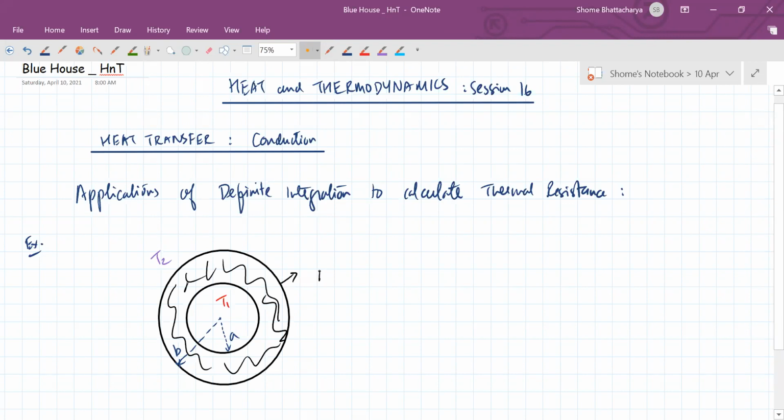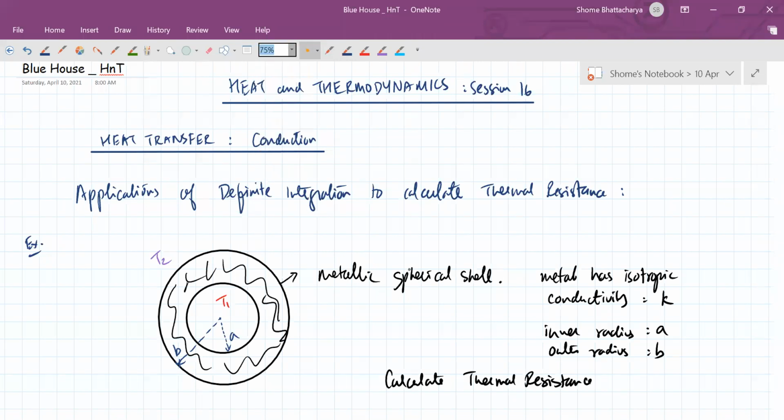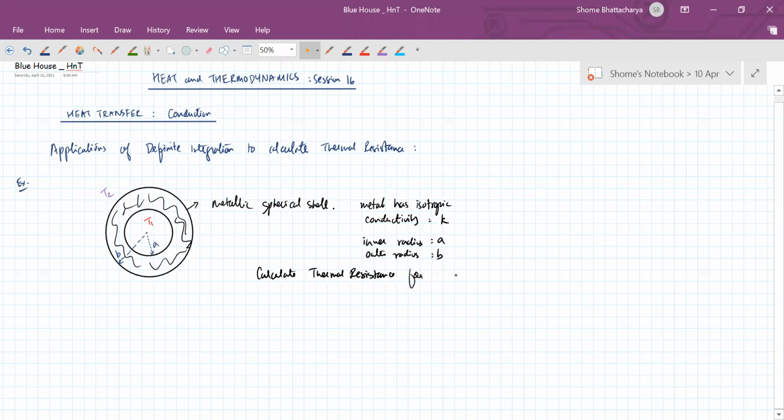So this is a metallic spherical shell. So the metal has isotropic conductivity, say K, inner radius A and outer radius B. So we have to calculate the thermal resistance for heat flow, for radial conduction of heat.